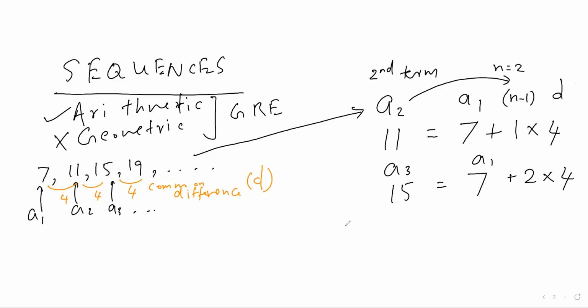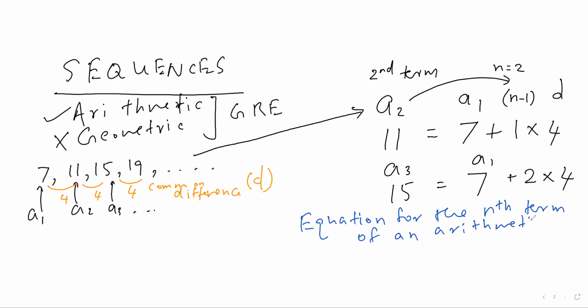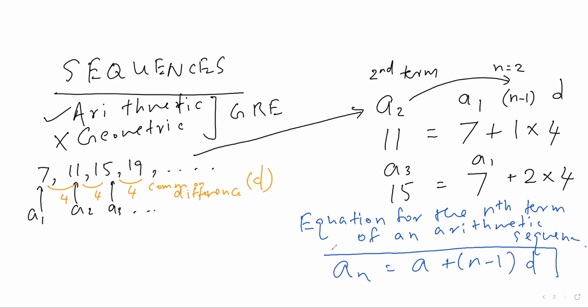From here, you can derive the equation for the nth term of an arithmetic sequence: an is equal to a plus n minus 1 times d.